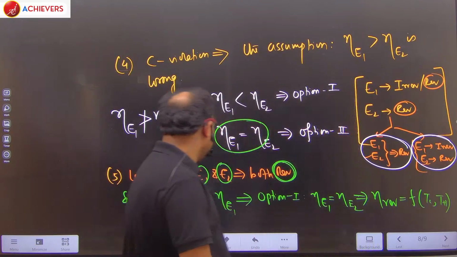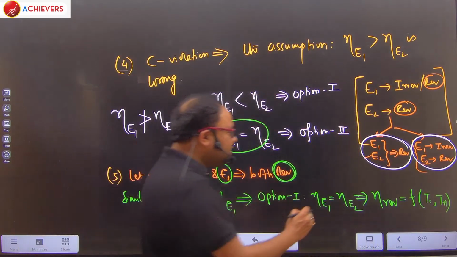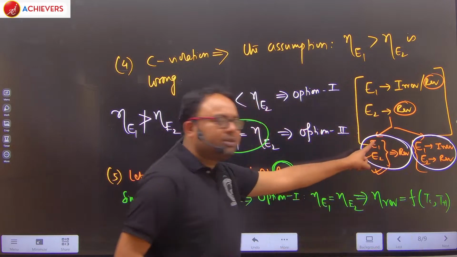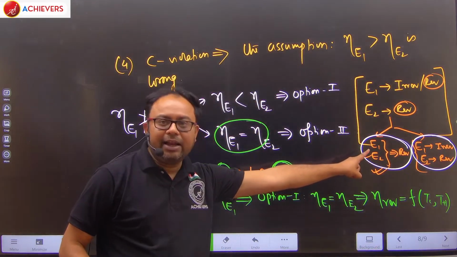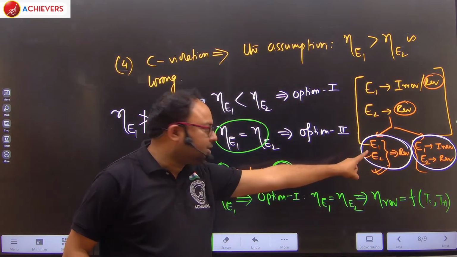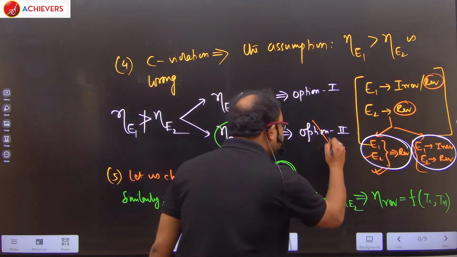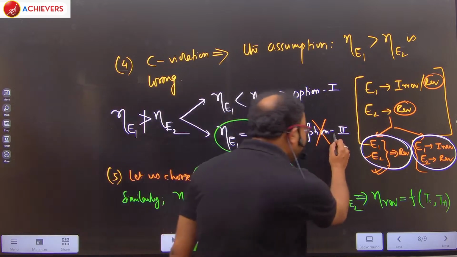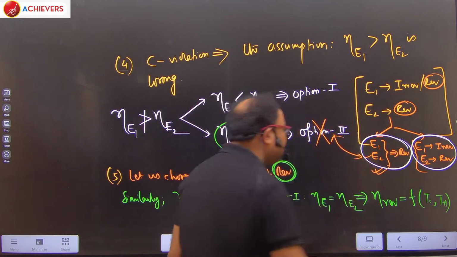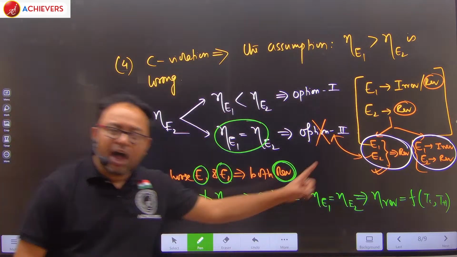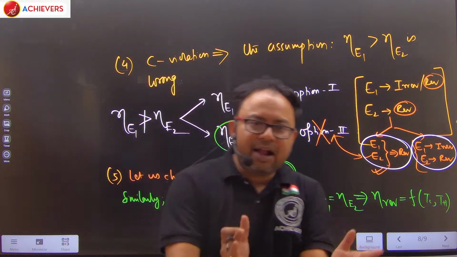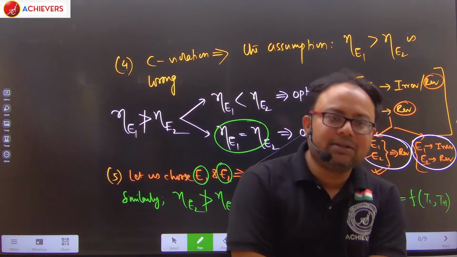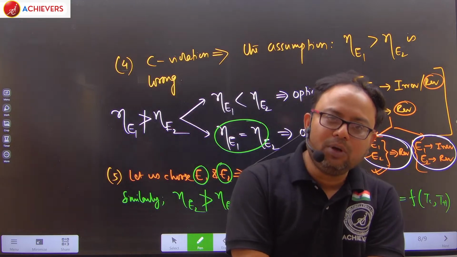See, if you have chosen the option where both were reversible, you have already locked option 2. That means this choice, both E1 and E2 reversible, corresponds to option 2.